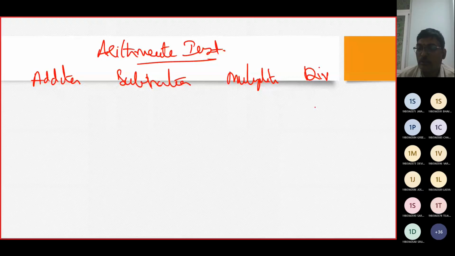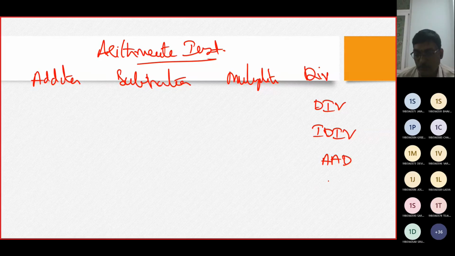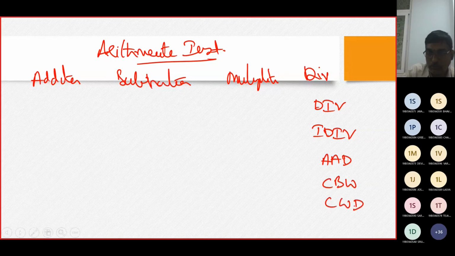So in division, we went with DIV for unsigned, and for signed we went with IDIV. Then we had ASCII adjust after division, and then convert from byte to word and convert from word to double word.